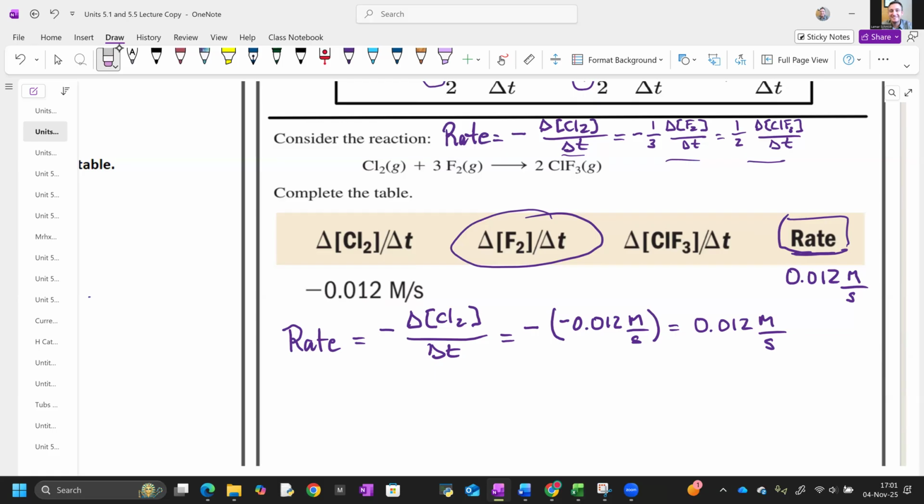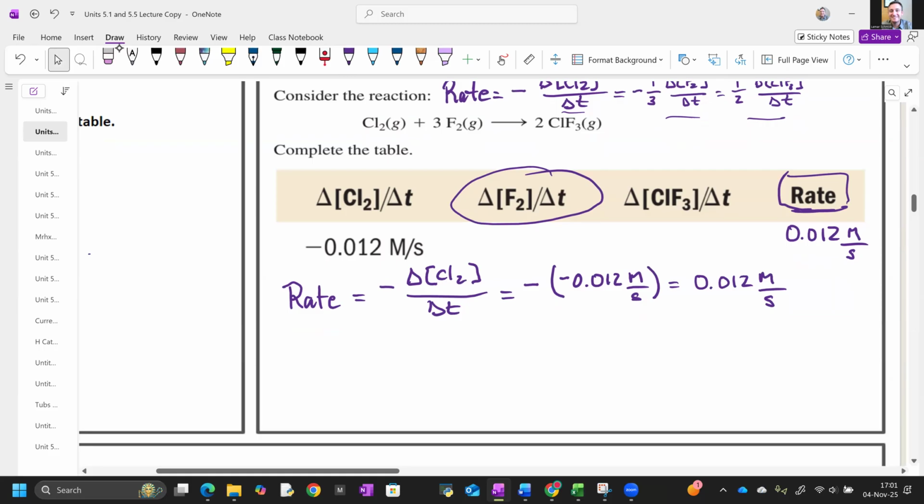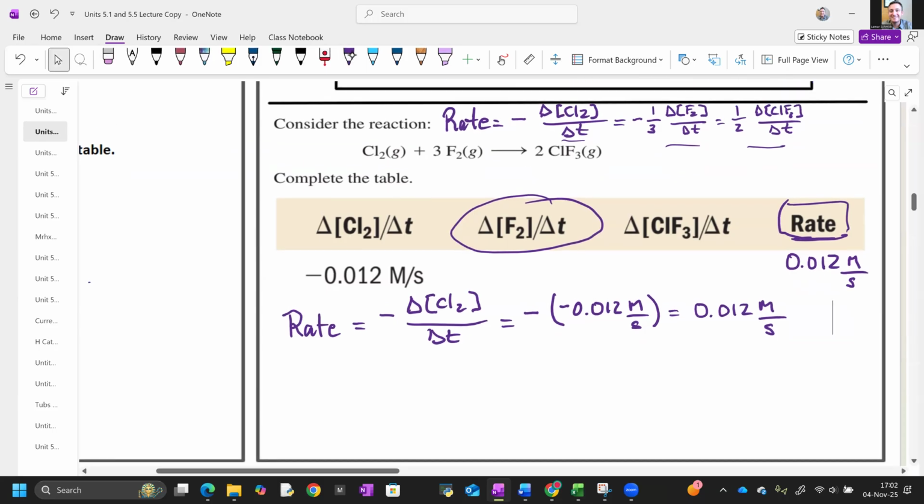All right. Now we come down to, let's figure out how do we find the change in concentration of F2 with regard to time. So if we want to do that, what we could do is we could take our expression here and we can solve for the change in concentration of F2 with regard to time.